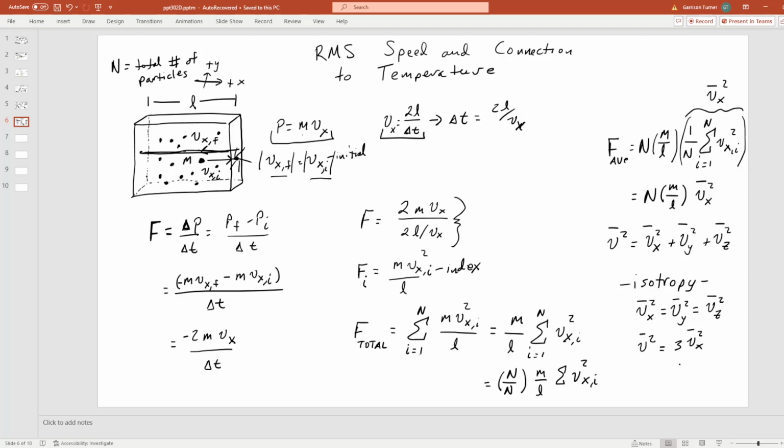So that's what isotropy means: if the system is isotropic, then your molecules or individual atoms, whatever the case may be, will all have smoothly and randomly oriented velocities such that the components in each direction will be equal on average.